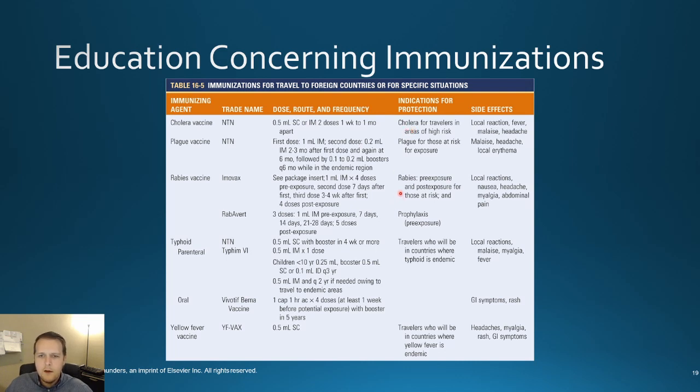Rabies is another one that we think about quite frequently here in the U.S. because we have some animals that may have rabies, and you may need to give your patient some immunization against that. For instance, if a patient is ever bitten by a bat, or a raccoon or something, they could have rabies, right? So you want to protect them by giving them immunization against that. Again, there are lots of different varieties here. You don't have to memorize all of these, but just know that certain patients will need them for very specific circumstances.